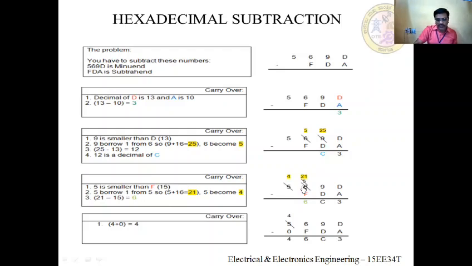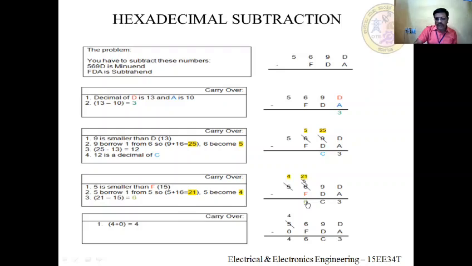So let us come back to step number 3. For 5 we have to add 16. 16 plus 5 is how much? 21. 21 minus F. The decimal equivalent of F is 15. 21 minus 15 is how much? 6. So I'm writing here 6.